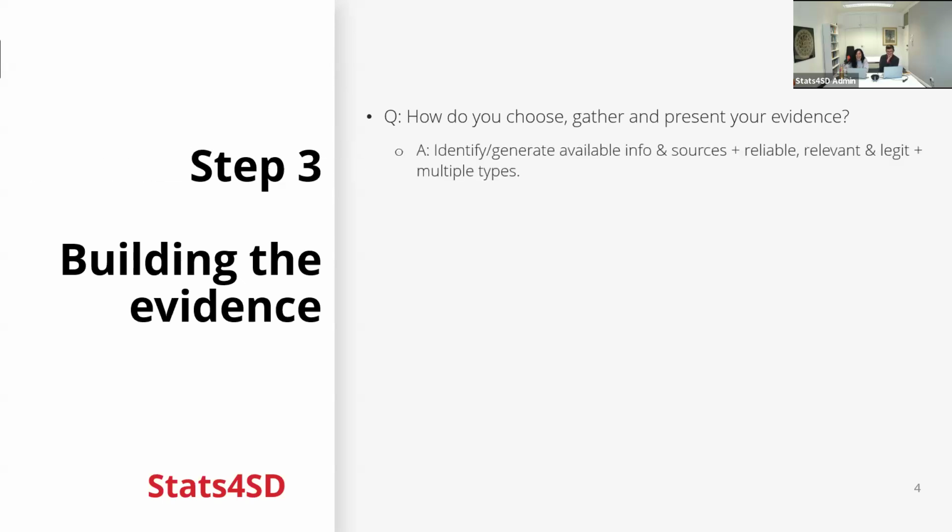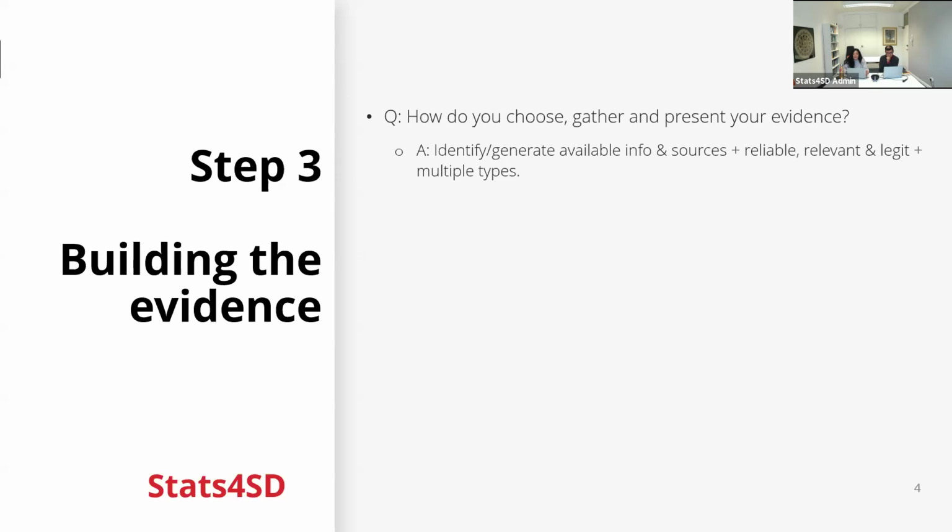Tell me, Romina. So then you need to identify or generate available information and sources, which means, especially for those working in organizations where you have examples of years of experience, for sure you will have available information that you can use as evidence.